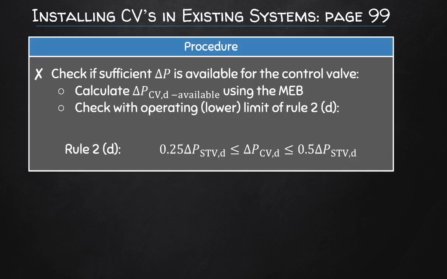Now, in the case where a control valve is to be installed in an existing pipeline, the following procedure is typically followed. It's similar to the previous ones. So firstly, you should check that there is sufficient pressure available by calculating the pressure drop available at the design flow rate using the mechanical energy balance, and then check that rule 2D is satisfied at the lower limit.